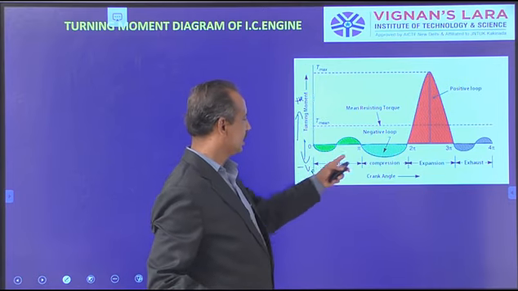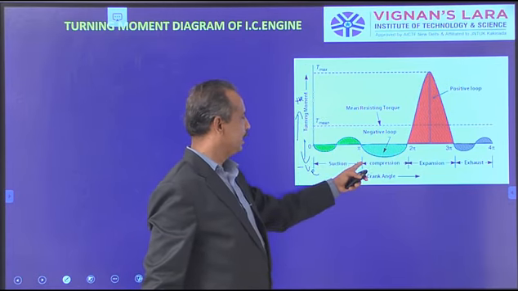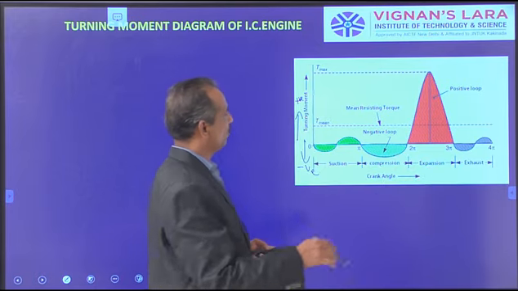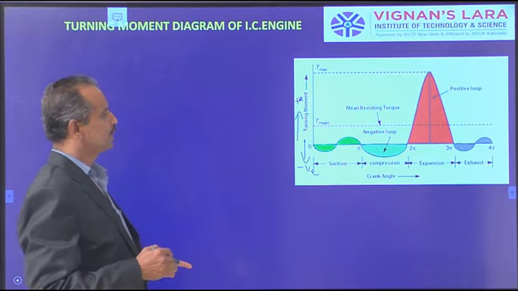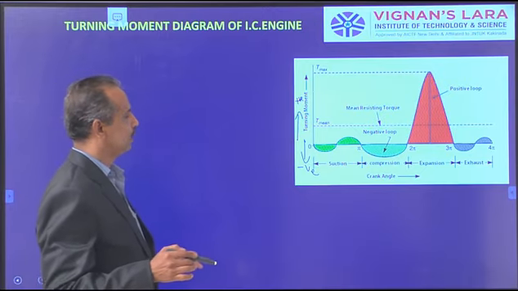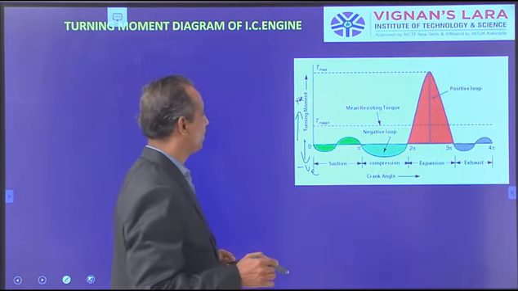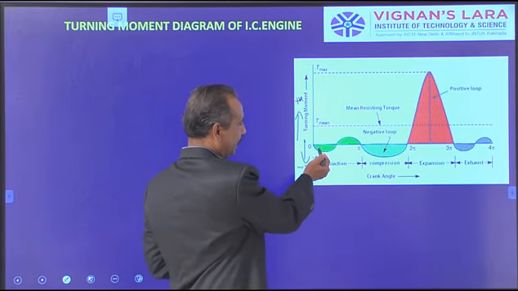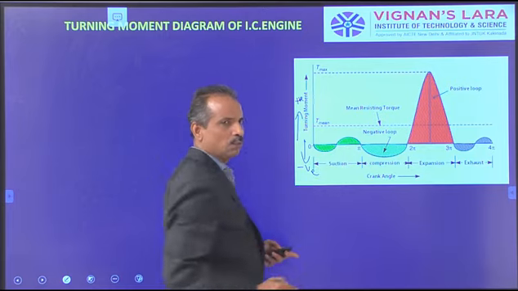So you can see the suction, 0 to pi, then pi to 2 pi, 2 pi to 3 pi, 3 pi to 4 pi. That is a 4-stroke engine which completes 720 degrees of rotation to finish one cycle. In the suction stroke, the first part is negative and the second part is positive.